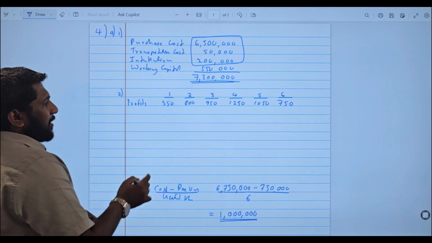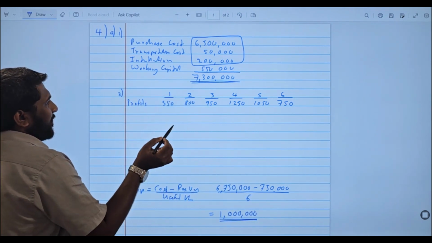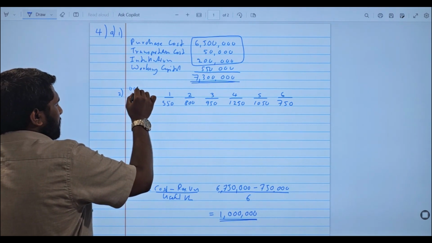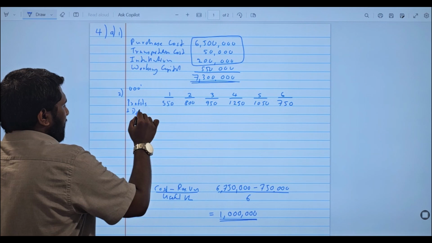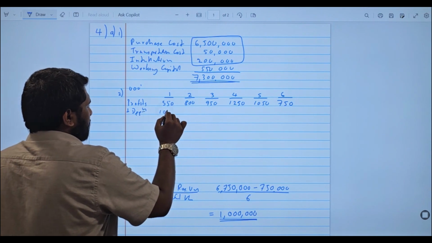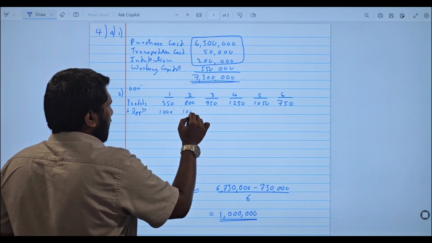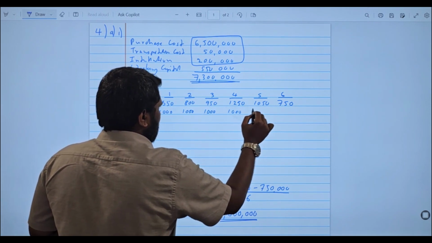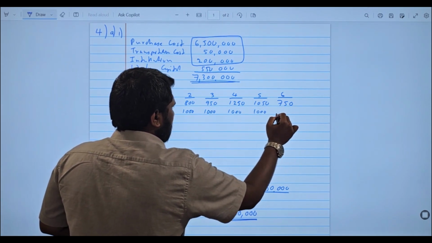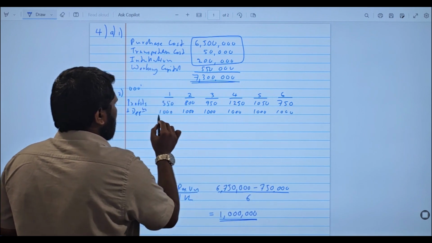So you have to add back the depreciation. Here I am doing the calculation in thousands. So I'll add it back each year: 1000, here also 1000, here also 1000, here also 1000.